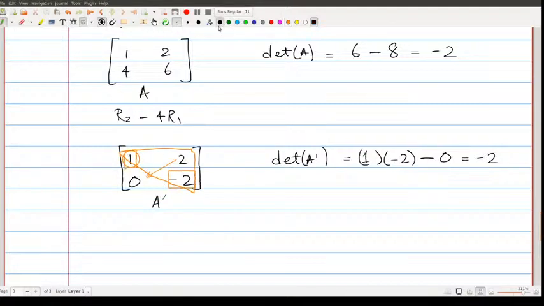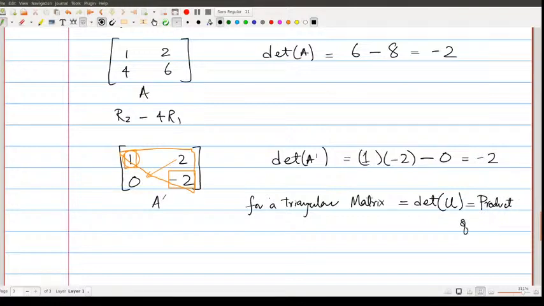It turns out that for a triangular matrix, the determinant is just the product of the pivots, or you can say the product of the diagonal entries.